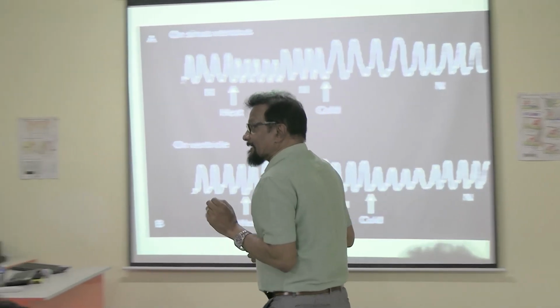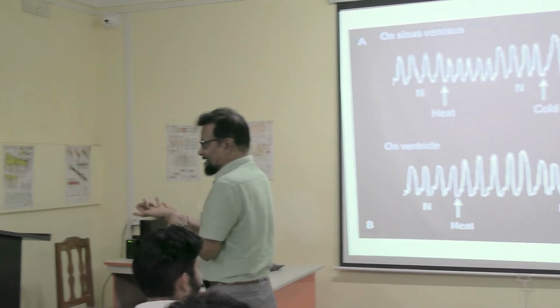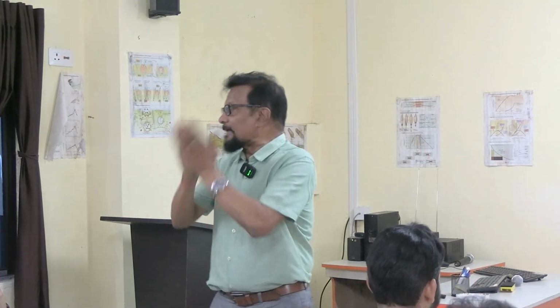Because temperature increases excitability. It helps in opening up sodium channels. Now more entry of sodium will take place faster. As a result, there will be an increase in excitability of the SA node. As a result, it will increase the rate of beating of the heart.